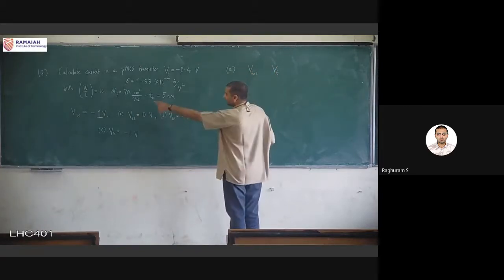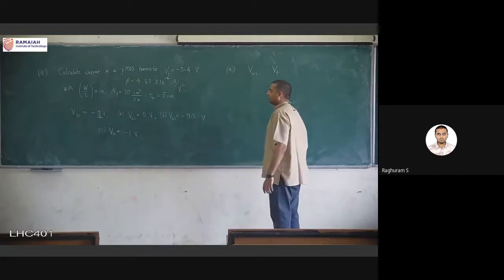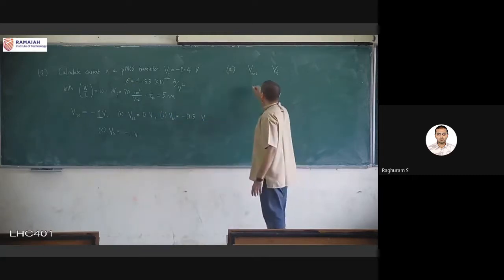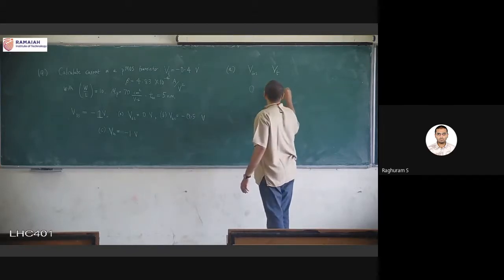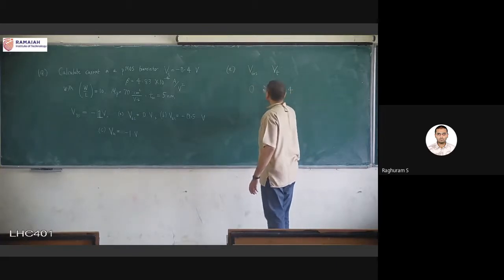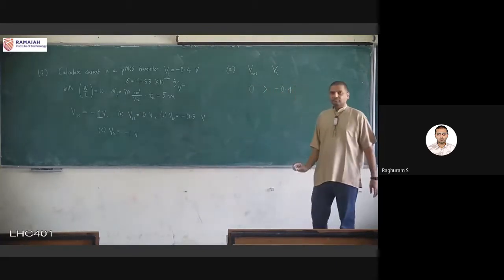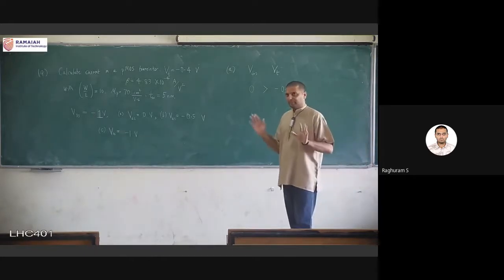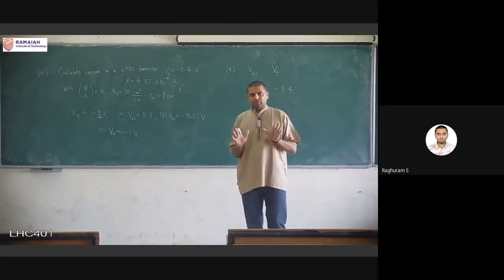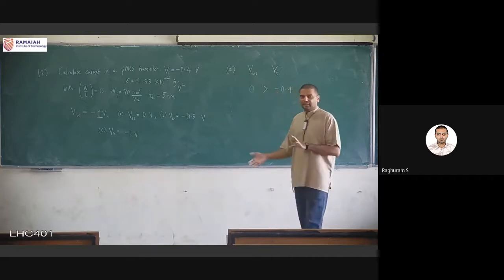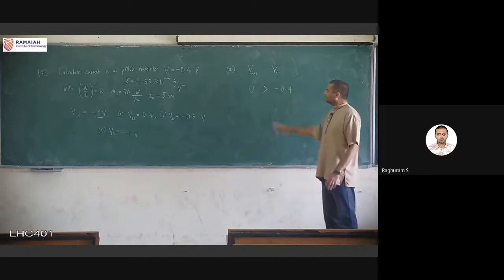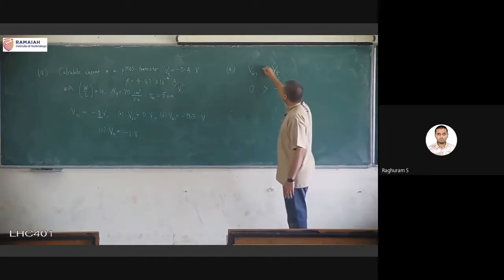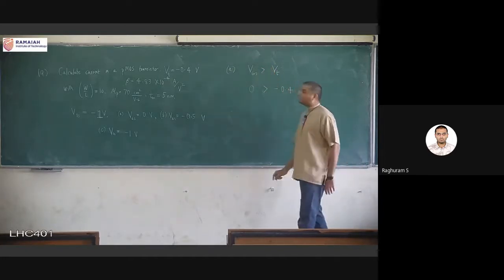VGS for region A is 0 volts, and VT is minus 0.4. So VGS is greater than VT. That is clear, right? Positive numbers are 0, and then you have negative numbers, which means obviously 0 is greater than the negative numbers. So VGS is greater than VT for case A.